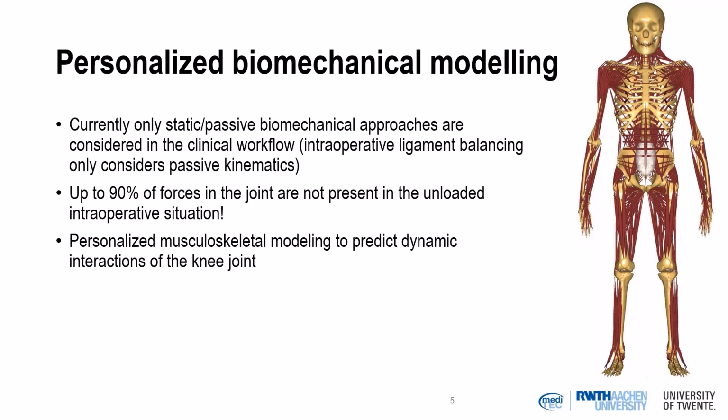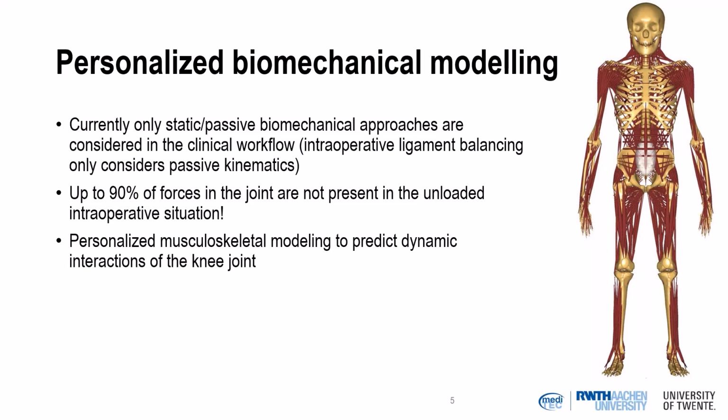What is usually done is that the surgeon manipulates the leg to test, for example, the ligament tension. We call it the varus valgus stress test, but also to entirely flex and extend the lower leg and see with a trial implant how the knee behaves.